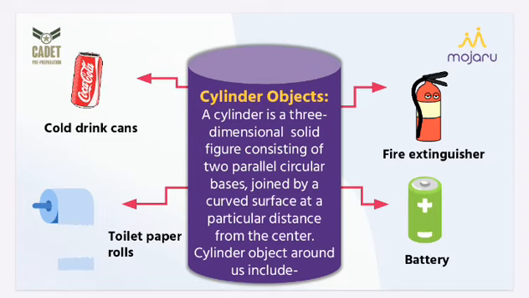Cylinder objects around us include cold drink cans, fire extinguishers, toilet paper rolls, and batteries. So a cylindrical object is enclosed by 2 circular bases and a curved surface.